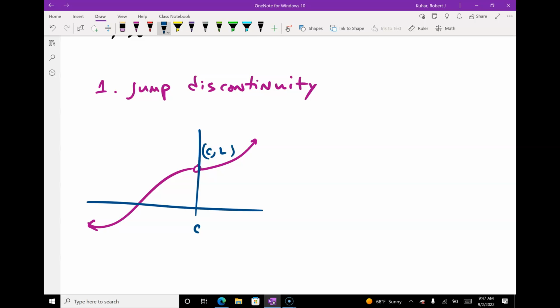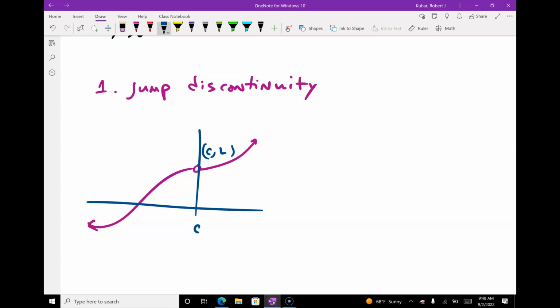Say again? I want something with the notation I have here. X should never get to what? C. X never gets to C. So I don't care about whether the point there is there or not. All I care about is, can I guess the height as I'm going down? Do they match up?